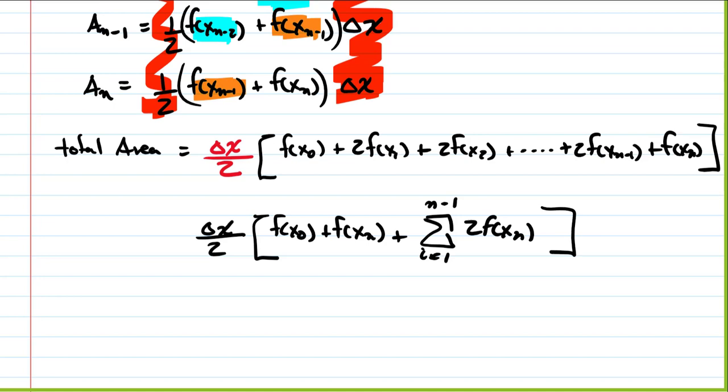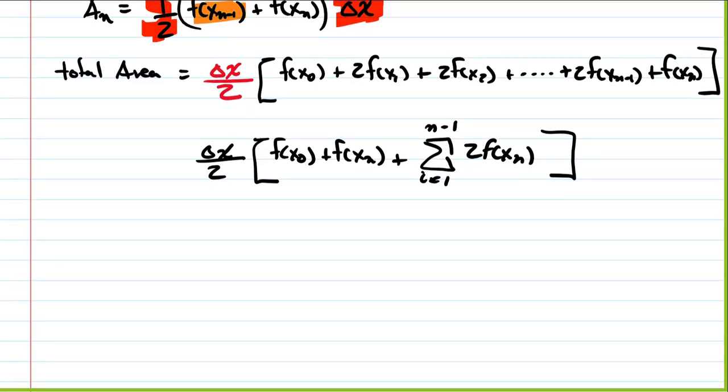And that would be our trapezoid rule, right? Because we add all the ones in the middle twice, except for the first one and the last one. And we get something that looks like this. All right, so this is our trapezoid rule.